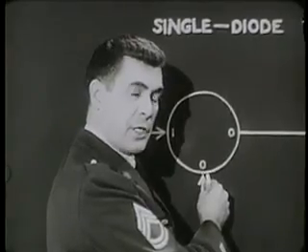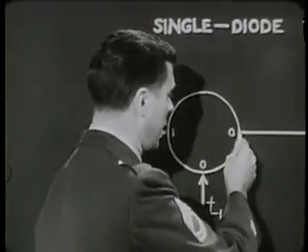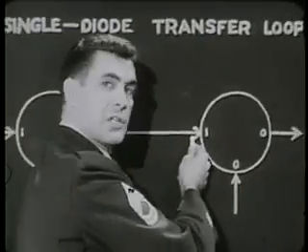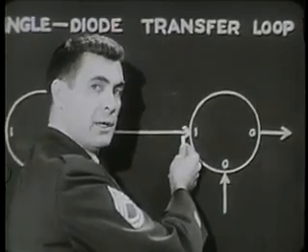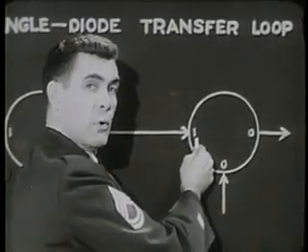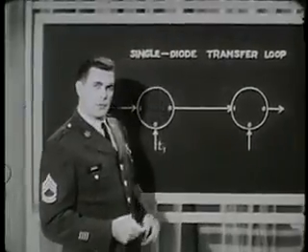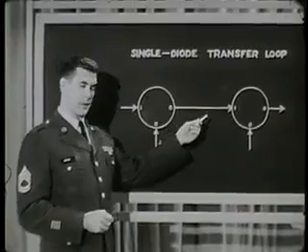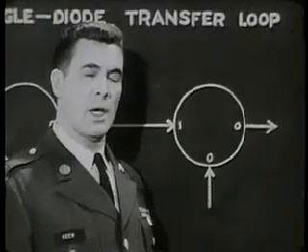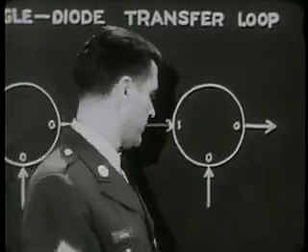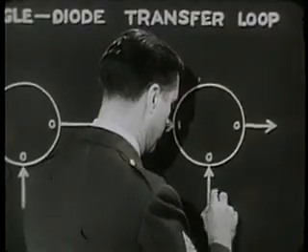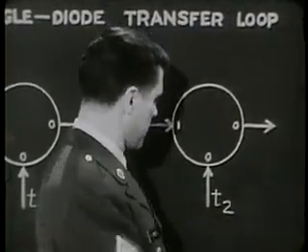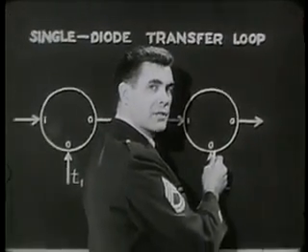This switch induces an output pulse in the first core's output winding, which causes the second core's input winding to set that core to 1. In effect, a binary 1 has been transferred from the first core to the second, where it's stored until at time T2, another shift pulse clears the second core back to 0.